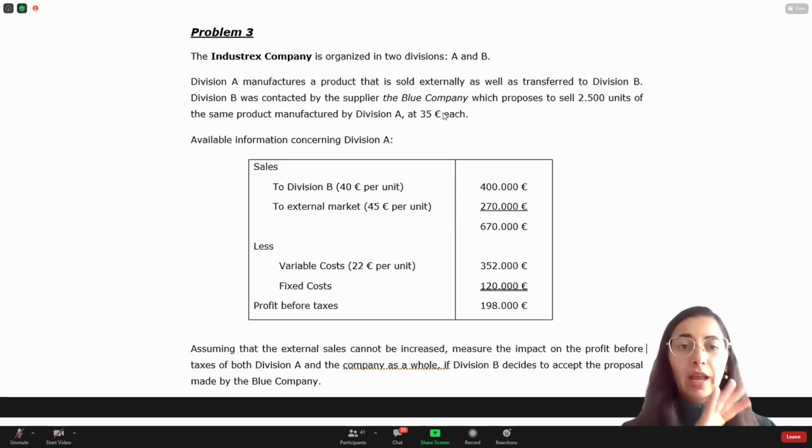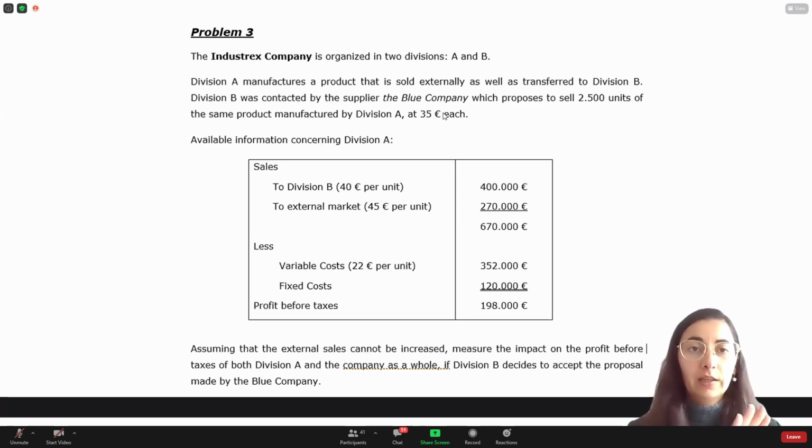So Division A produces the product, sells externally and sells internally to B. And now B was contacted by someone from the external market to sell 2,500 units of this product at 35 euros. And now we have information on Division A.